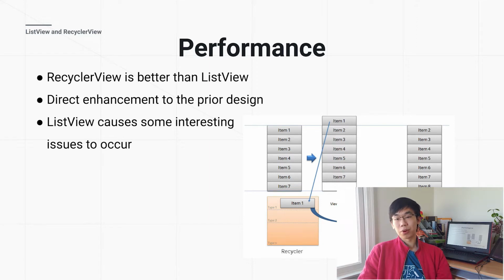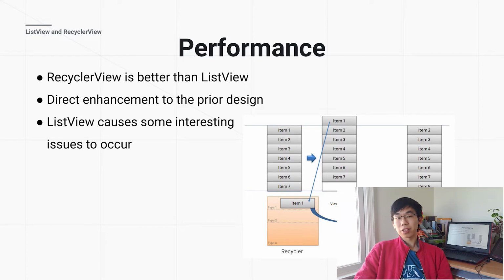They require fewer operations and they have fewer bugs in them. You will see on the diagram that if on a ListView you scroll down, your view will be put into the system's recycler. This is not to be confused with the RecyclerView. This is Java, the Android system's recycler for views. It will take that and pop it to the top of the list to be used for the next thing.